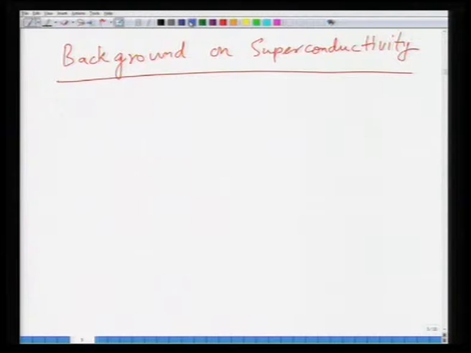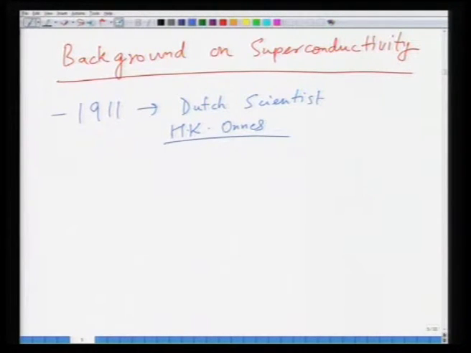Now superconductivity was discovered in 1911 by a Dutch scientist, H.K. Onnes, who was basically studying the properties of liquid mercury at liquid helium temperatures, and then he suddenly discovered that around liquid helium temperatures this mercury was superconducting, and that was a surprise to him.